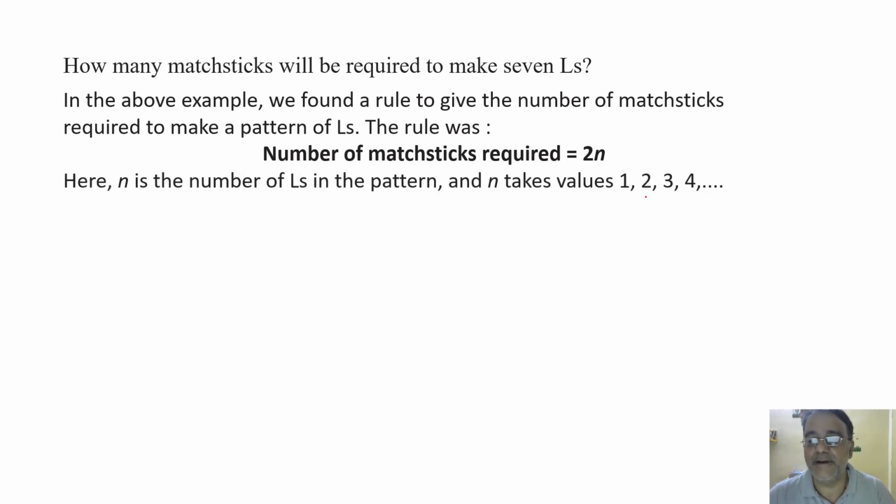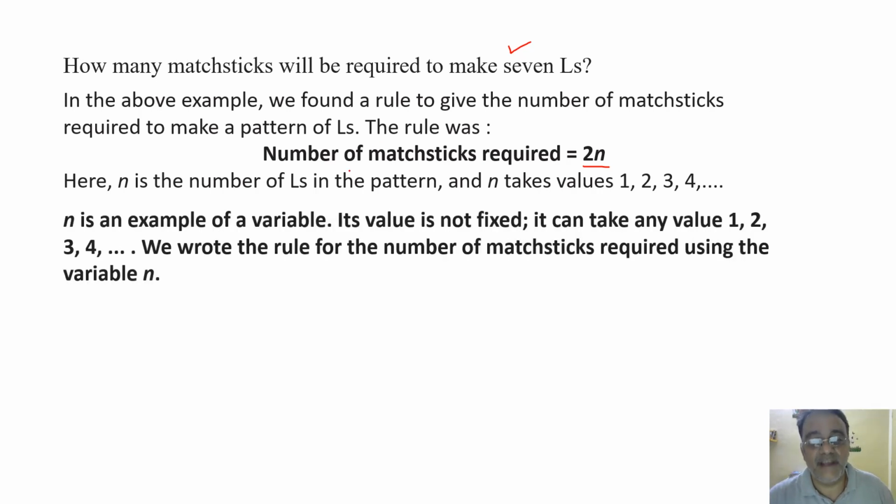Right? We can substitute 1, 2, 3, 4, 5. Now for 7 L's, we require 2 into 7. That is 14, not 20. 2 into 7 is 14, right? So n is an example of a variable. Its value is not fixed. It can take any value 1, 2, 3, 4, and so on.